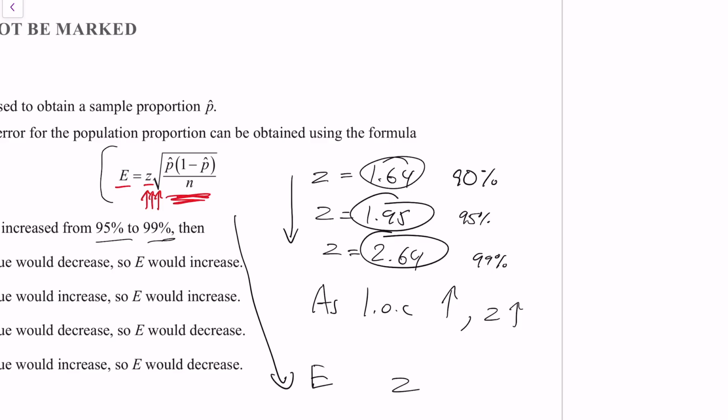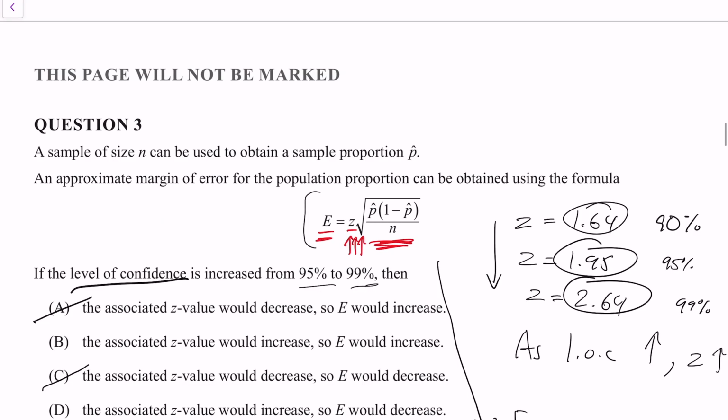If everything else remains the same, what will happen to E if we increase Z?